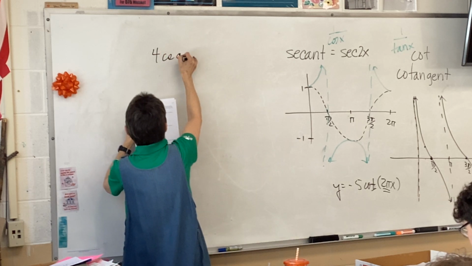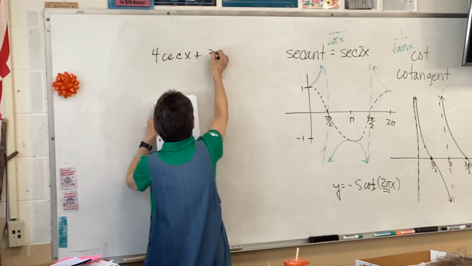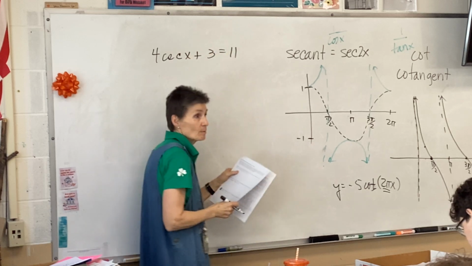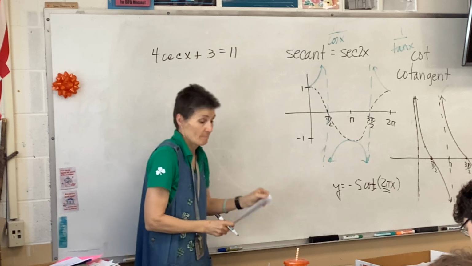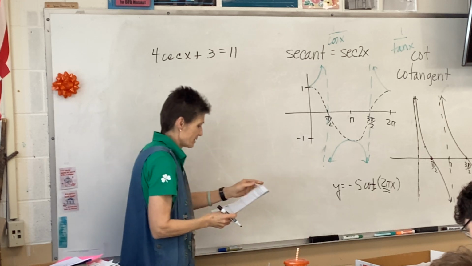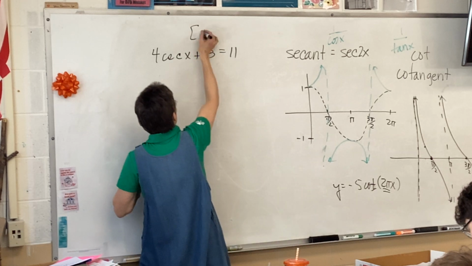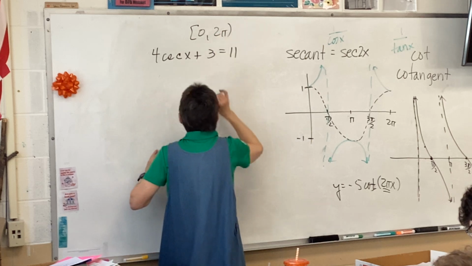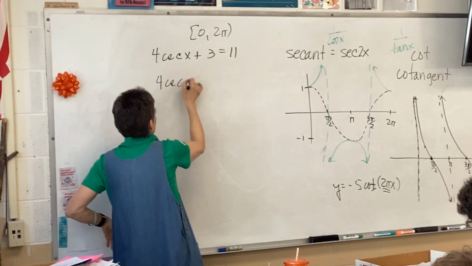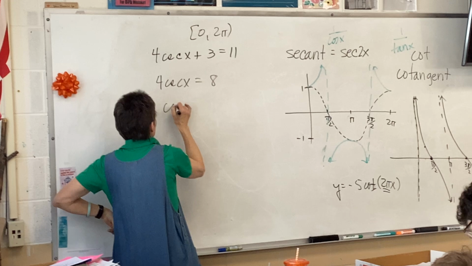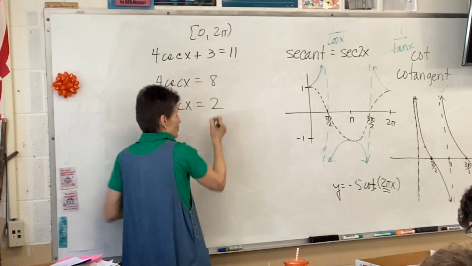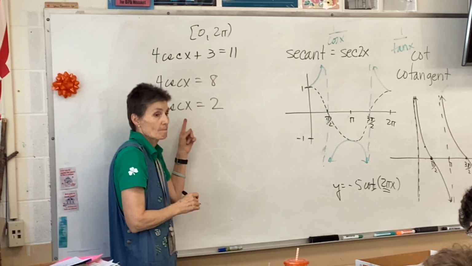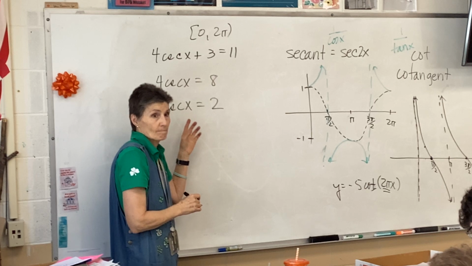So 4 cosecant x plus 3 equals 11. Everybody with me? And we are from 0 to 1. All right, let's solve it. 4 cosecant equals 8. Cosecant equals 2. Would you agree with that?